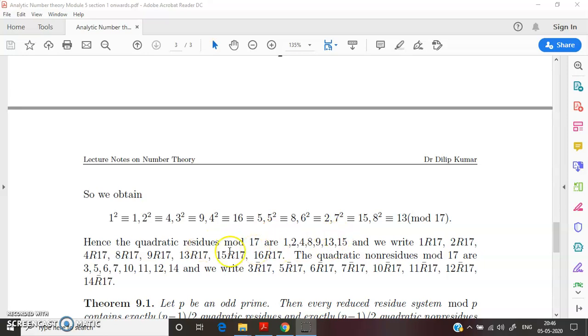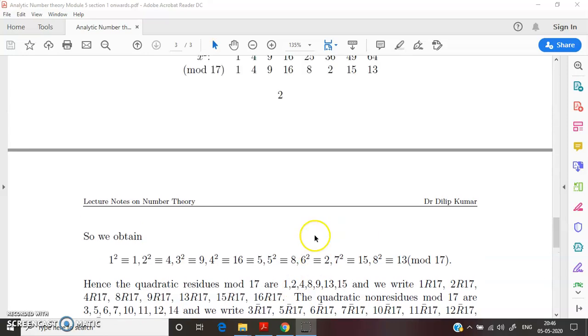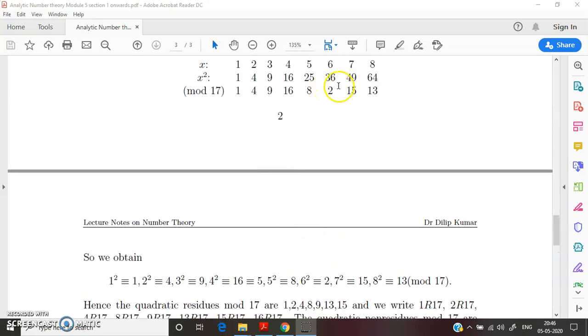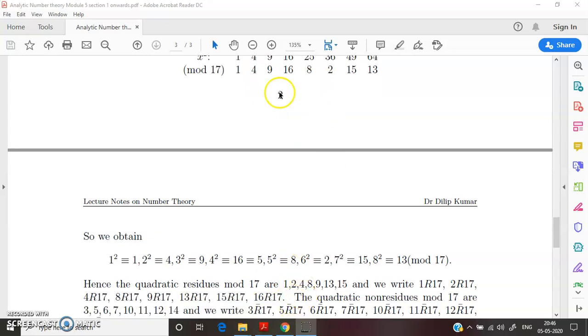That is, the quadratic residues will be 1 and, sorry, 2 is also there, then 4 is there, then 8 is there, then 9 is there, then 13 is there, then 15 is there.